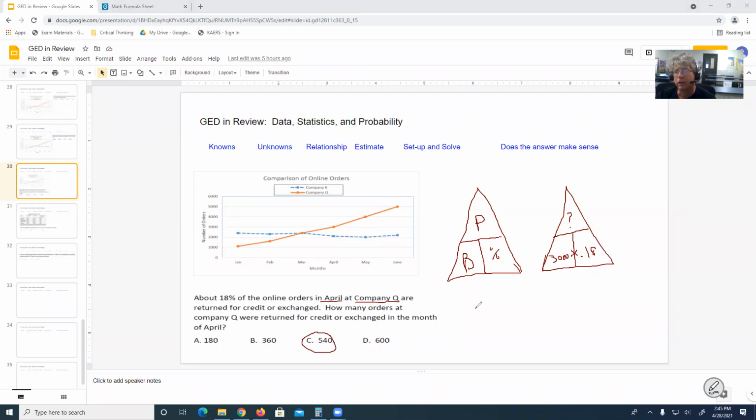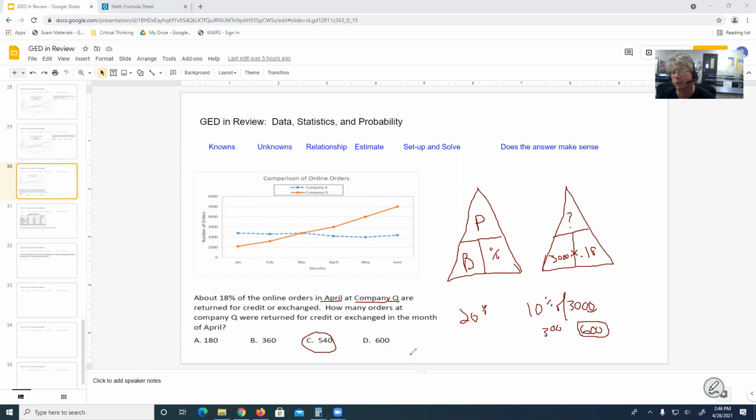Something you could have done is look at 18% and say, well, that's close to 20%. So what I could also do is take 10% of 3,000. Remember, 10% means just move one decimal place, so that would be 300. So 20% would have been 600. So the answer's got to be around 600.